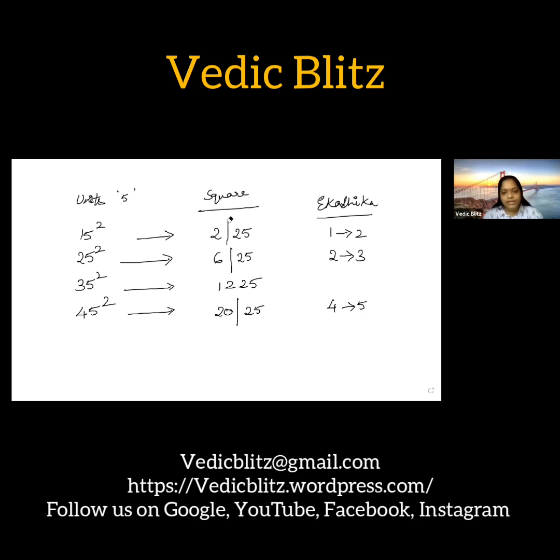In long-run practice, you need not keep these lines. We can directly write down the answer. 55 square will be: Ekadhika of 5 is 6. 5 6s are 30, and 25. 65 square is: Ekadhika of 6 is 7.